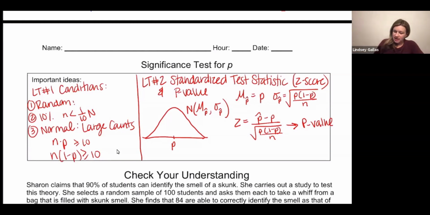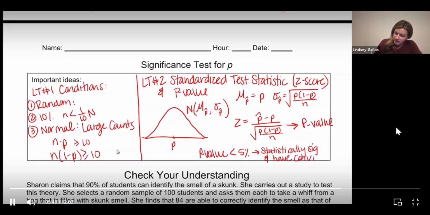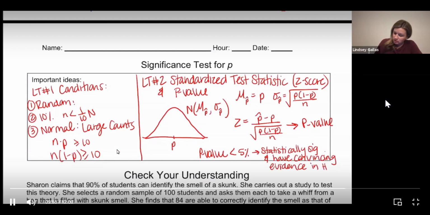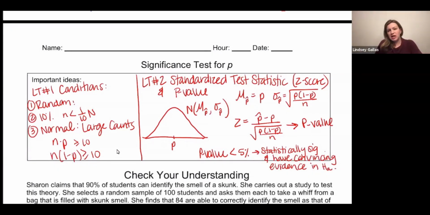I do want to add in then that if our p-value is small, so p-value is less than 5%, then it is statistically significant. And we have convincing evidence. And really what we have convincing evidence for is the alternative. And we're going to talk about that more in tomorrow's lesson. We'll get a little bit more formal with that interpretation and conclusion at the end, but I did want to add that in here for now.